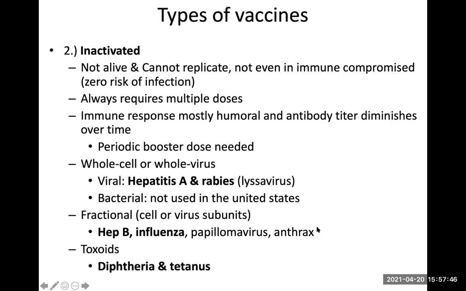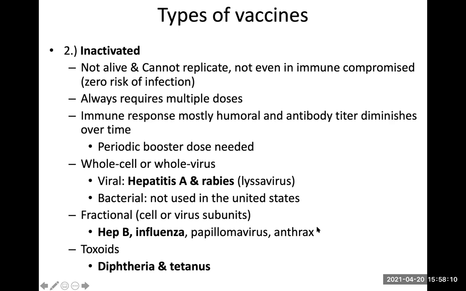The immune response mostly will be humoral. You're not really triggering the cell-mediated portion of the immune system. And the amount of antibodies that you're producing will diminish over time, which is why periodic booster doses are needed to get that level of antibodies back up in your blood so that you are protected.